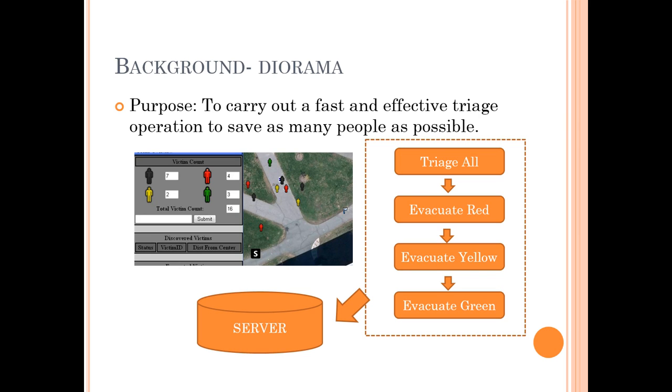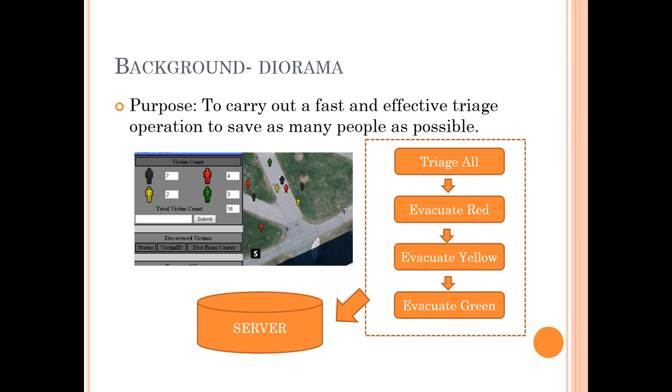In the diorama system, the responder will first triage all the patients, and this information can be shown in the Google Map and can be uploaded to the server. And then, after the triage task finishes, all the responders will start to evacuate the red patients first, and then the yellow patients, and then the green patients.